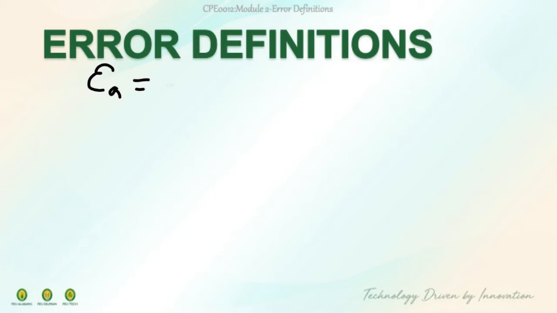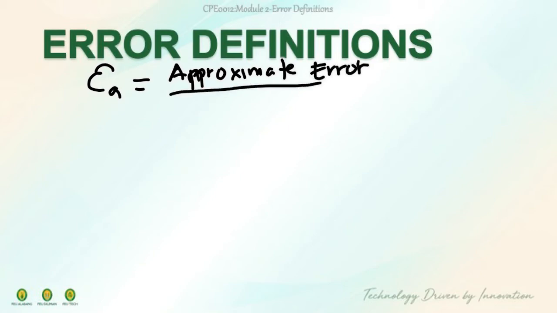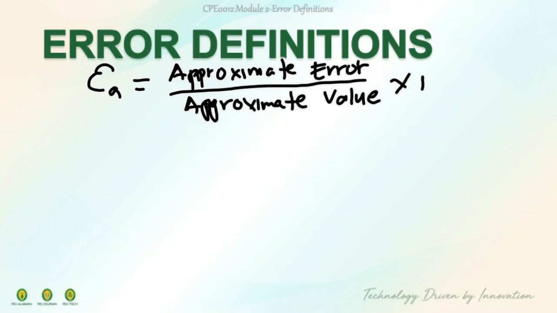Our percent approximate error is going to be the approximate error divided by the approximation, or the approximate value, times 100. Okay, that's the percent approximate error.